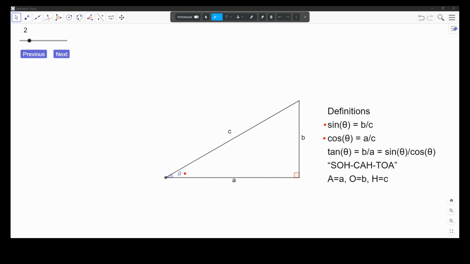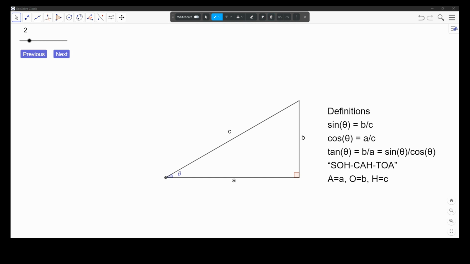So the sine function takes the ratio of the opposite side divided by the hypotenuse, or in our case, B over C, and that's simply its definition.